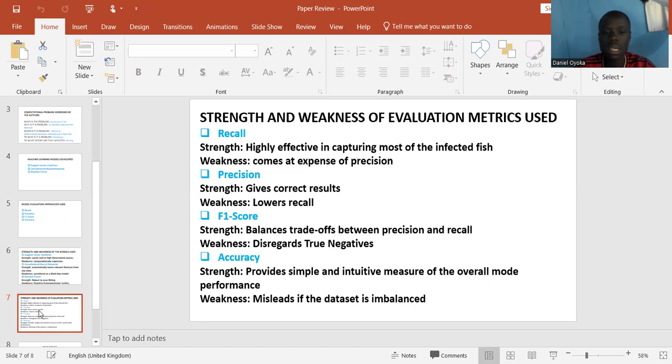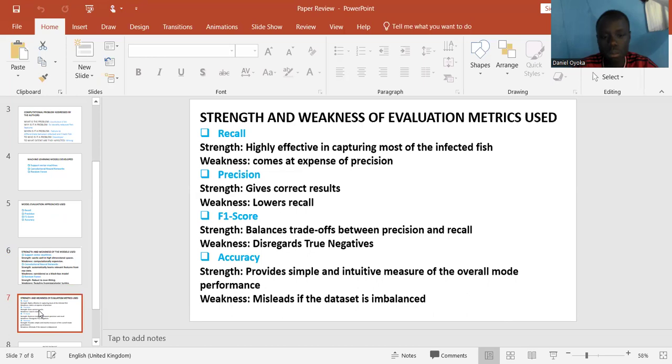Its weakness is that it comes at the expense of precision. And for precision, a higher precision gives correct results, and its weakness is that it lowers the recall value.